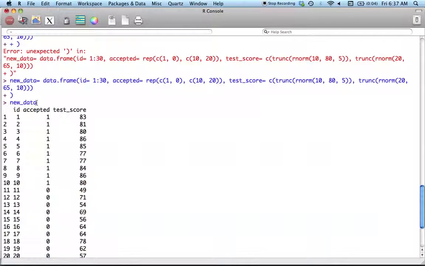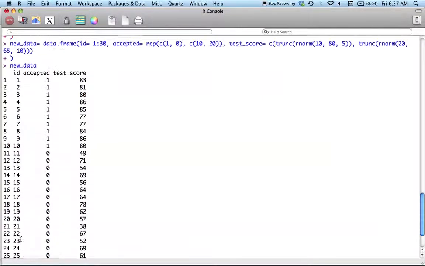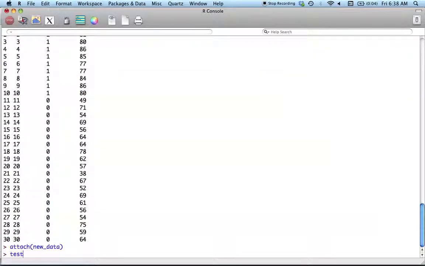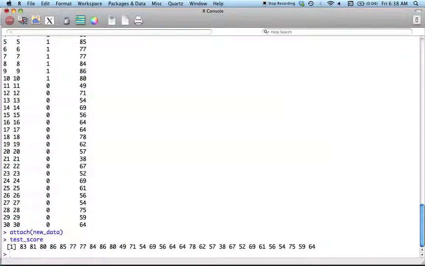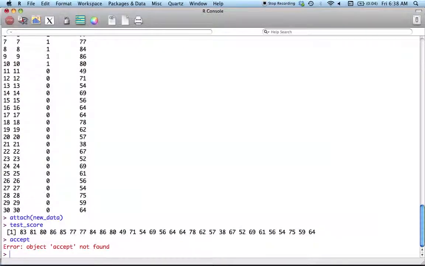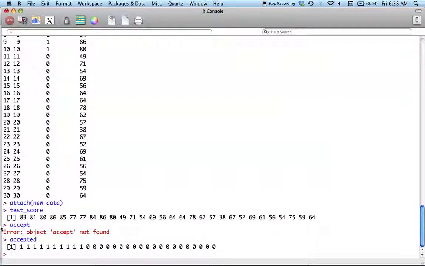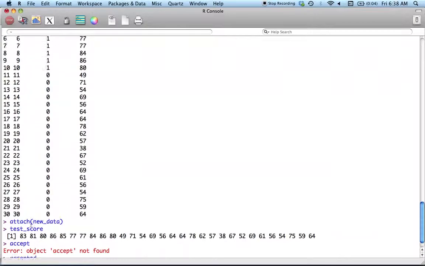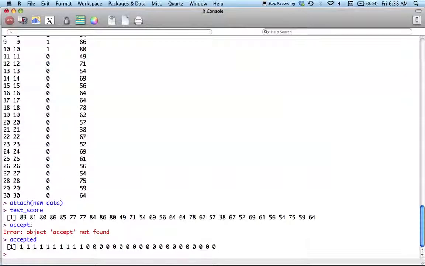Well, if you just use attach, now you don't have to do that. You basically let R know that this is the thing that you're talking about.